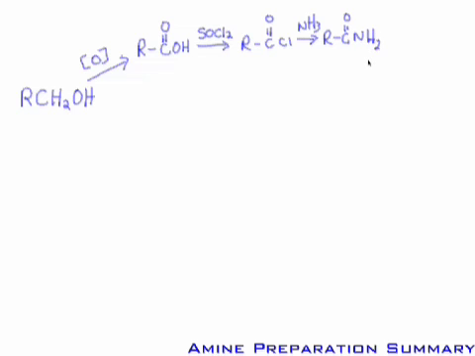And we have just learned that if you hit unsubstituted amides with bromine and hydroxide, you can undergo a rearrangement in which you kick out the C double bond O as carbonate and you produce RNH2, in which you now have an amine that has one less carbon than the original alcohol.